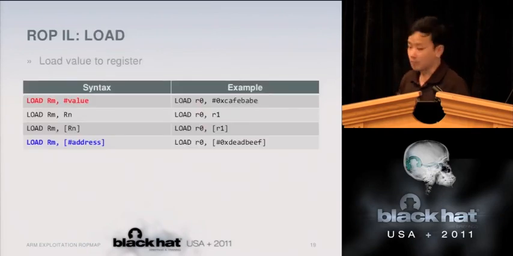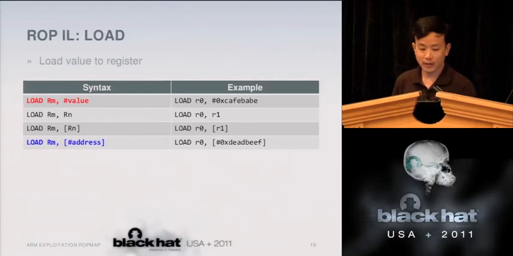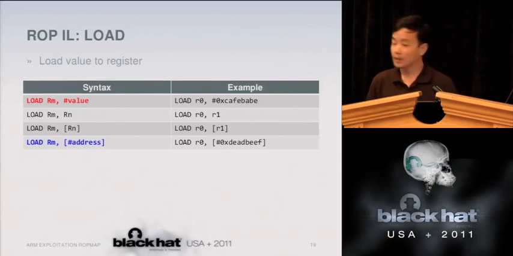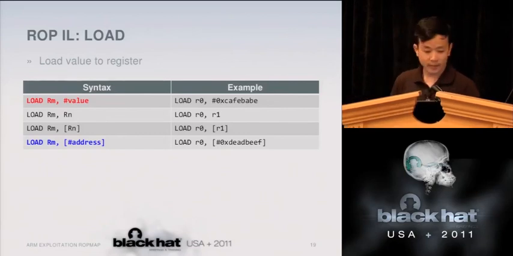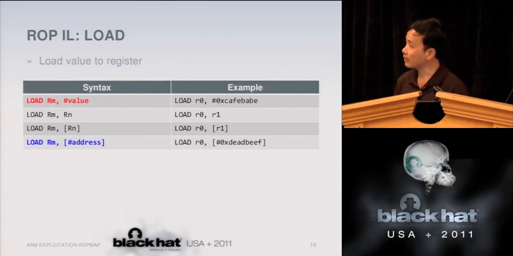The first instruction, and the most commonly used, is load. To load a value to a register, the left-hand side must be a register, and the right-hand side can be of any type. So we have here, for example, load register 0 with the value cafebabe. Every constant value will start with a common symbol.